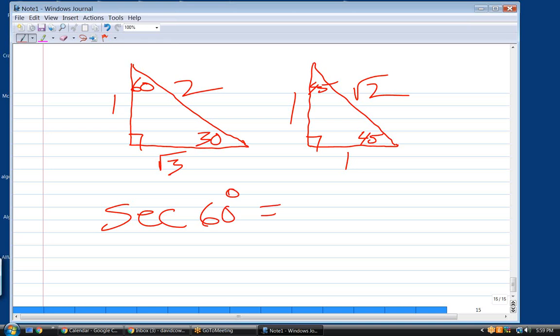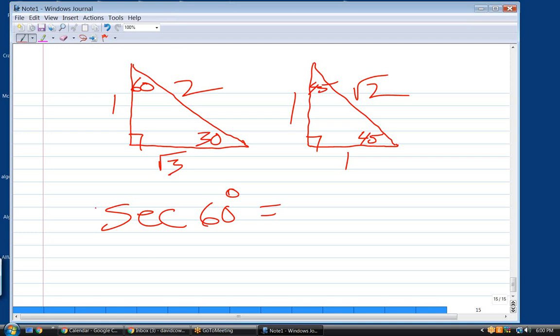First of all, what's the reciprocal of secant? Cosine. Right. So what's the cosine of 60? 1 over 2. What's the secant of 60? 2 over 1, the reciprocal.